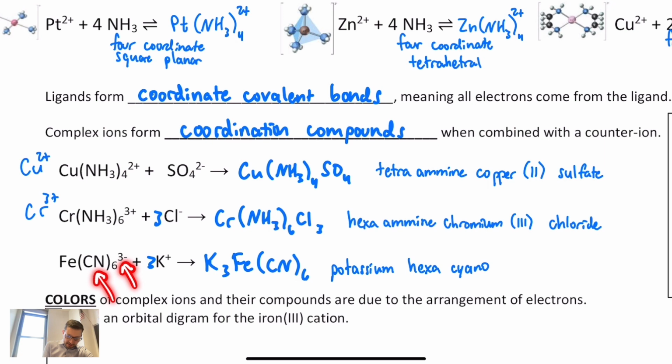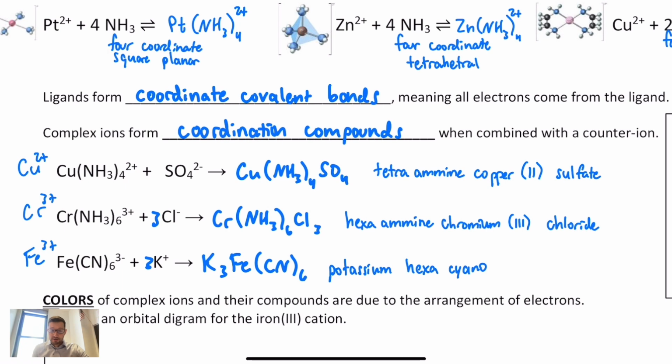So I have 6 times -1 plus something for the iron, and it has to add up to -3. That means the iron has a 3+ oxidation state. That's a familiar oxidation state for iron, so it makes sense this would be an iron 3. And that's the complex. Potassium, hexacyano, iron 3.